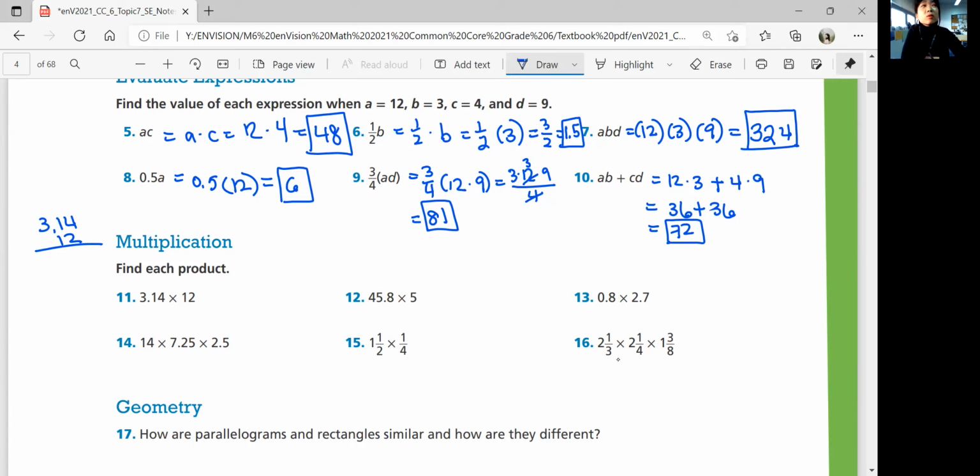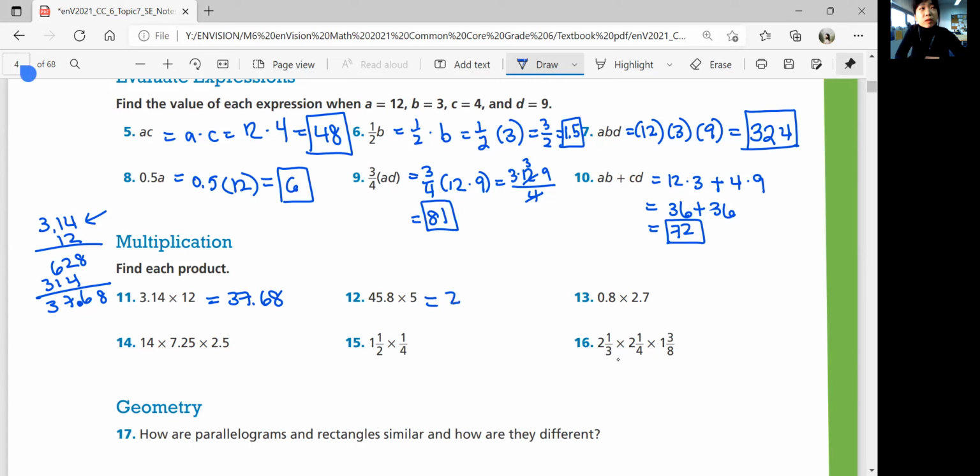First multiply this like you would whole numbers, 628, and then 314. And so you add them. And then you have 2 decimal places, so you also put 2 decimal places here. And that's going to give you 37.68.